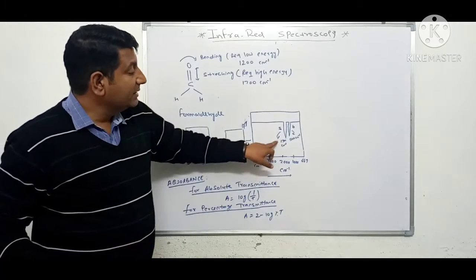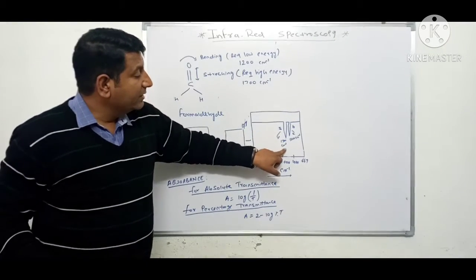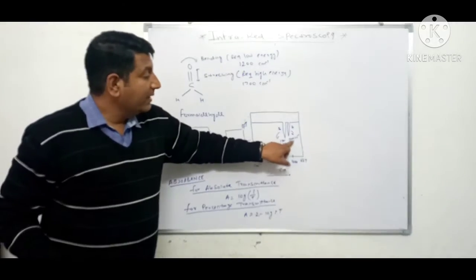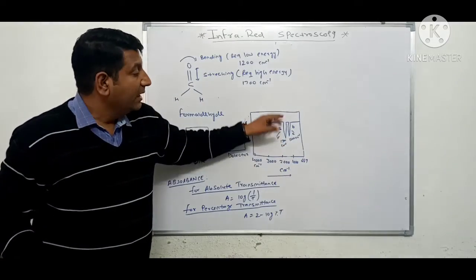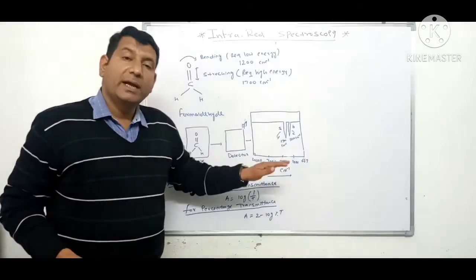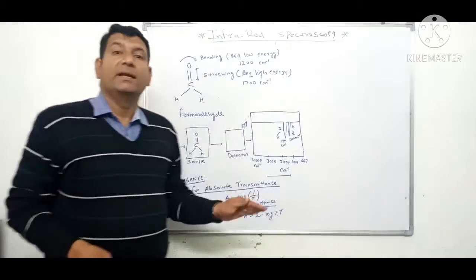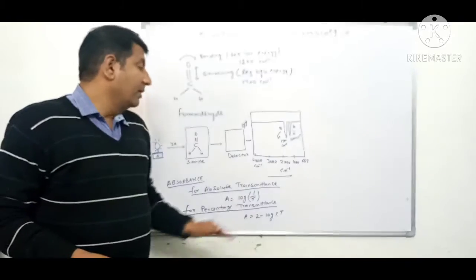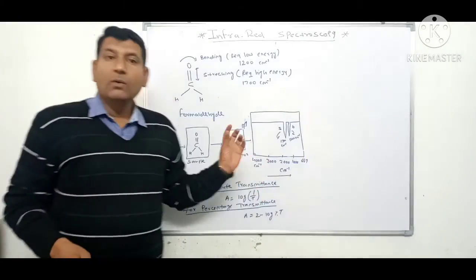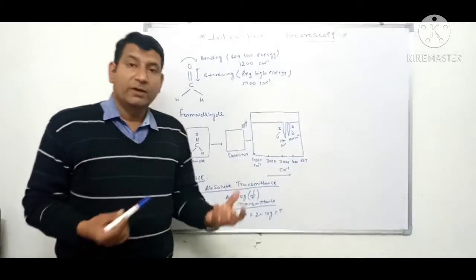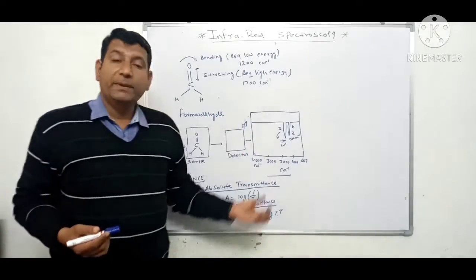The 1700 centimeter inverse peak is the stretching vibration, and 1200 centimeter inverse is the bending vibration. This inverted peak is due to the graph being plotted between percentage transmittance and wave number. This is how IR spectroscopy works and how samples show the peaks.